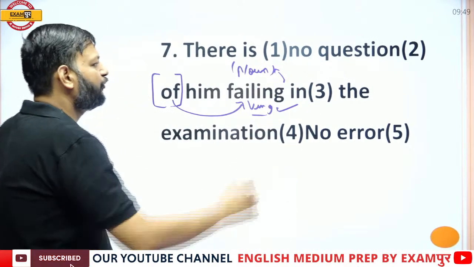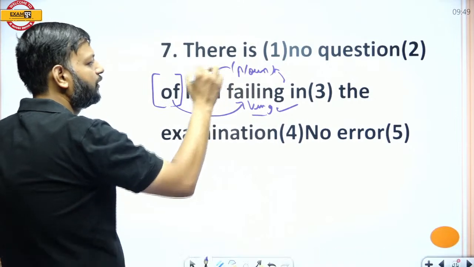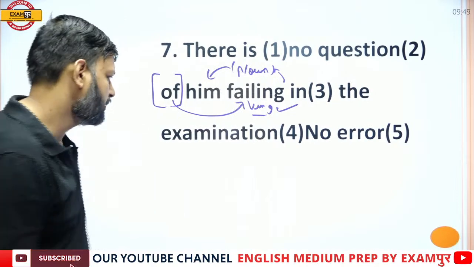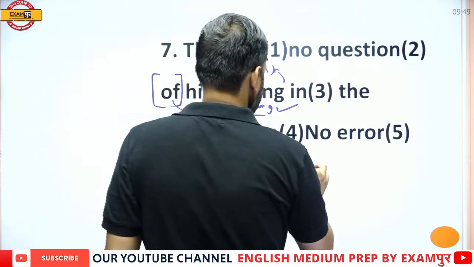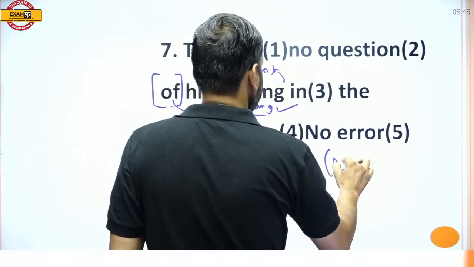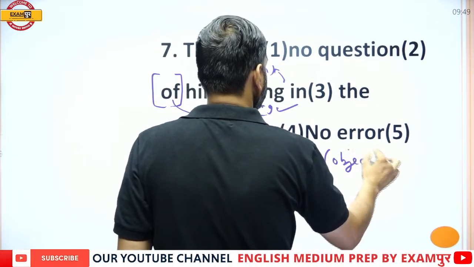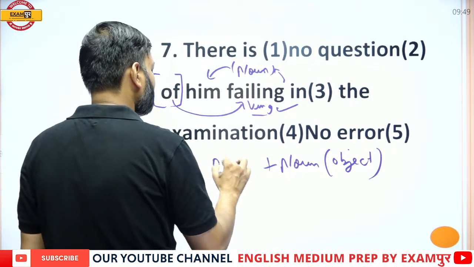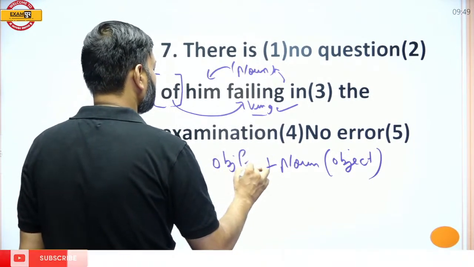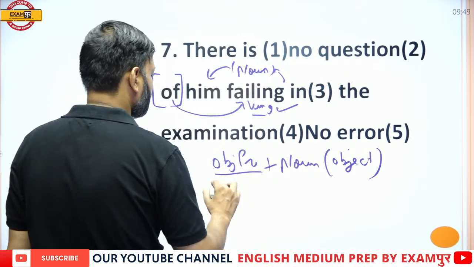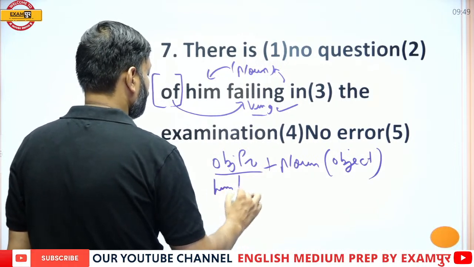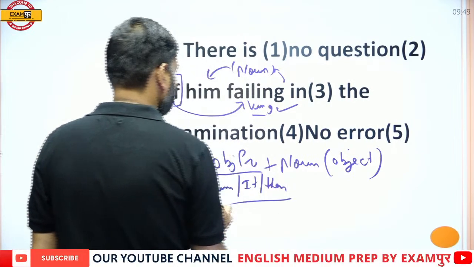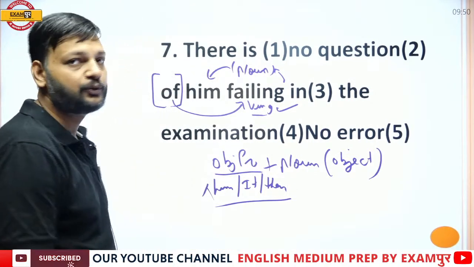Okay, and before a noun we cannot use an objective pronoun, because noun itself is an object, and if it is an object, how can we use any other objective pronoun? Objective pronouns like him or it or them, we cannot use them. So what should we do?